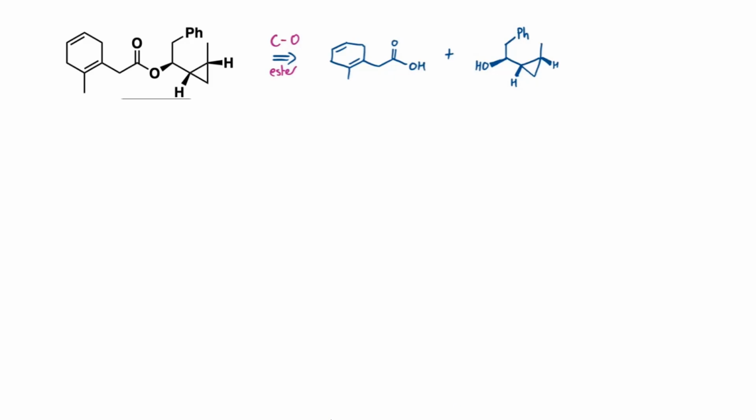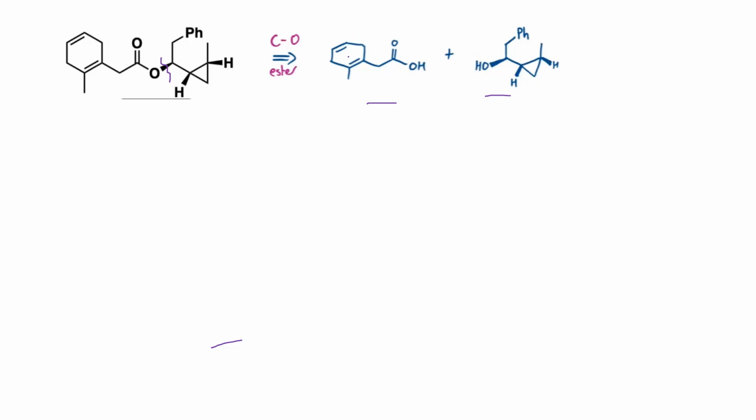So first, this is an ester group. Whenever there is an ester, that's very easy to cleave. If you cleave this one, you will get this acid and this alcohol.